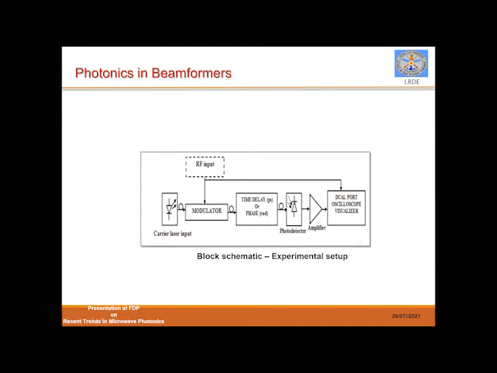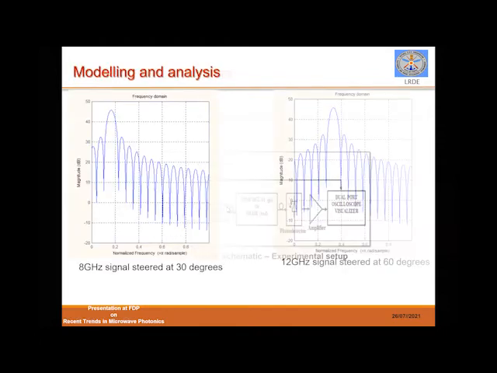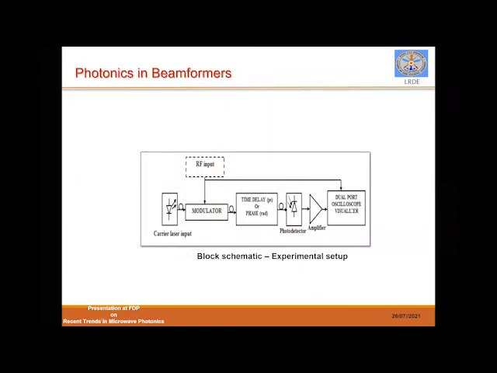The basic equation I have shown you in the previous slide, and we tried to see whether the actual signal is getting delayed or not after converting back to the RF domain. After that, we used a signal analyzer here, and we tried to form the beam as if it is coming from the 2-3 channels we used, and by using each of the delays, the output signal was used for formation of the beam.